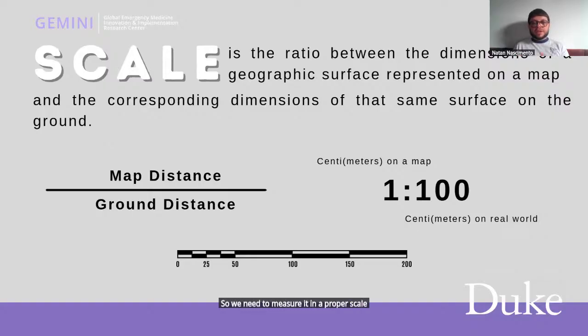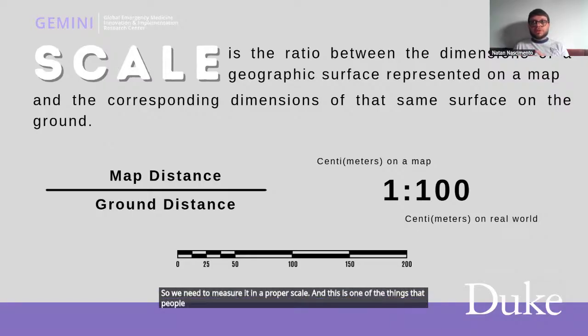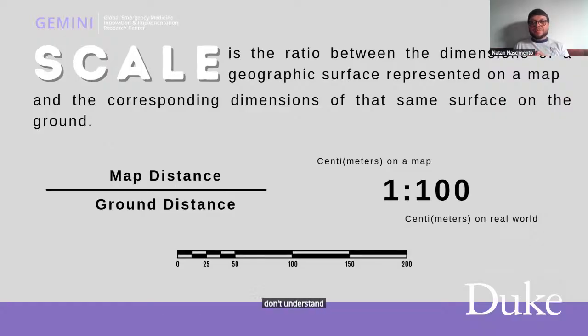And this is one of the things that most people usually don't understand and just put it on a map and whatever. But whenever we're doing a map, we need to be sure that this scale is right because it represents everything. If it's 1 centimeter, 1 millimeter wrong, then it will create a 50 or 100 kilometers gap, 100 miles gap.